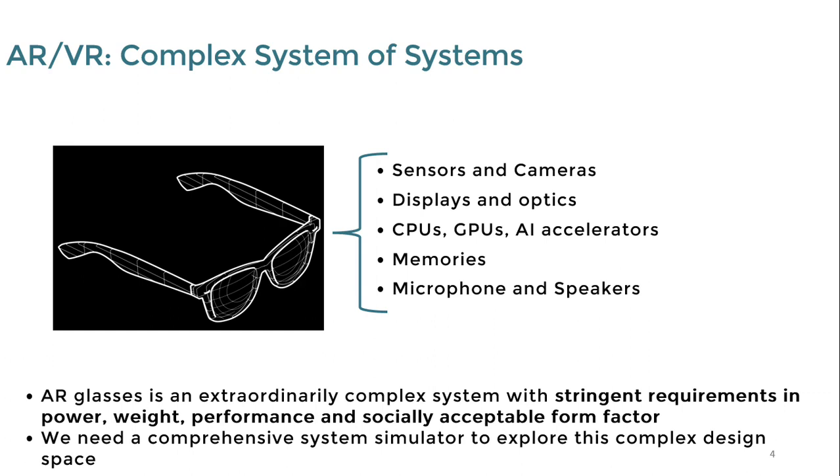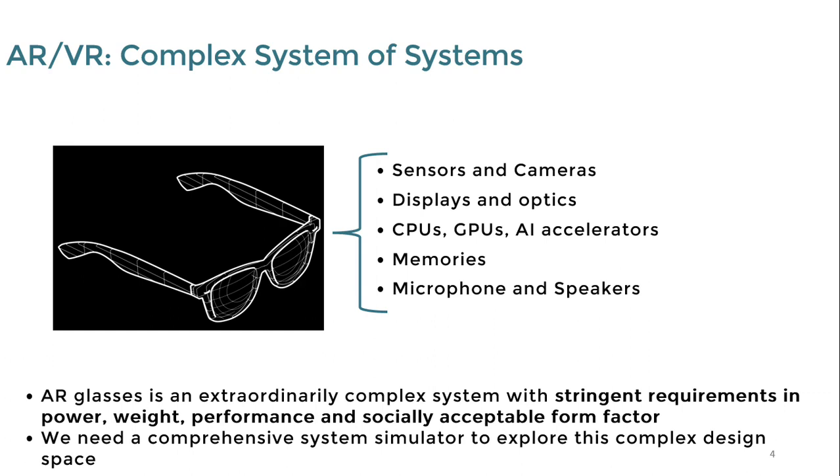Some of the components that this device has are, for example, sensors and cameras to pinpoint our location and also enable hand tracking and eye tracking, displays and optics to overlay high-resolution, sharp virtual content on our view of reality, CPUs, GPUs, and AI accelerators to, of course, do all the compute, memories, microphone, and speaker.